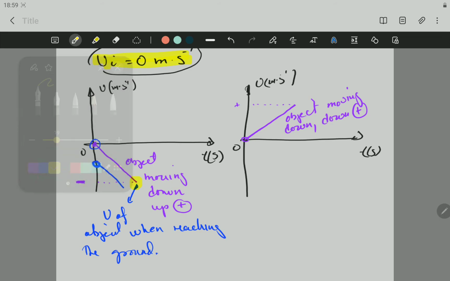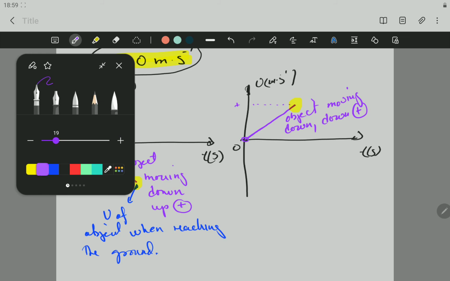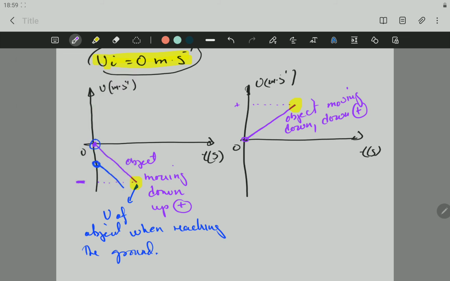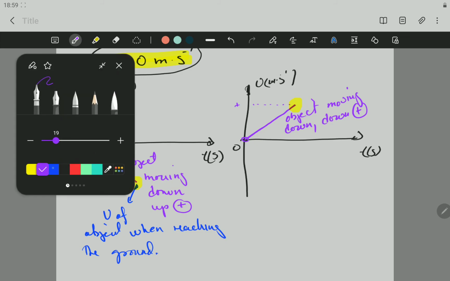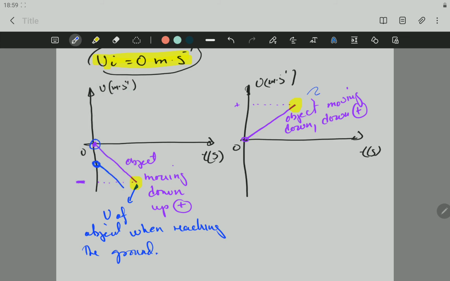These points here represent the velocity of the object when reaching the ground. That velocity there is the velocity when reaching the ground, so that is important to know.